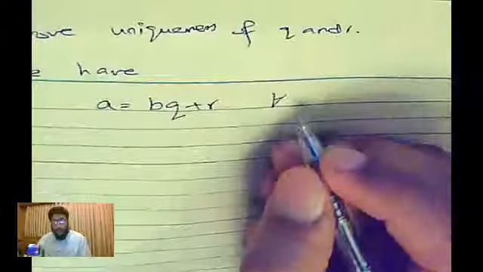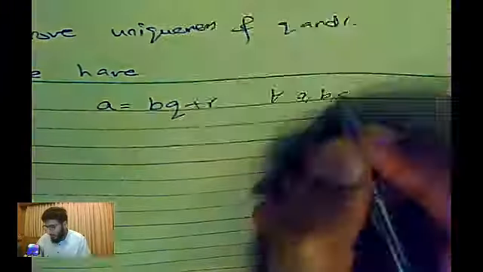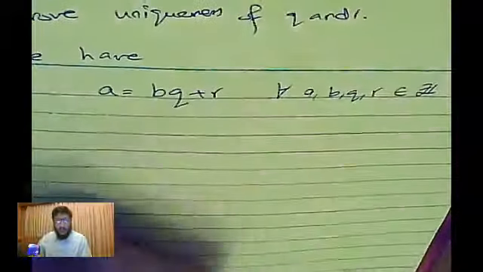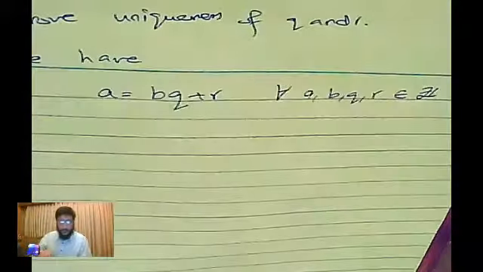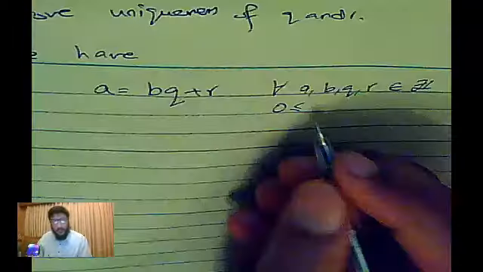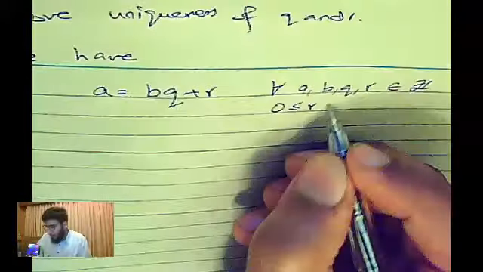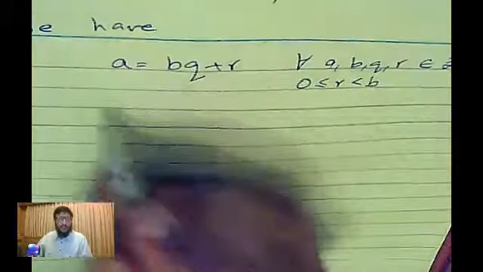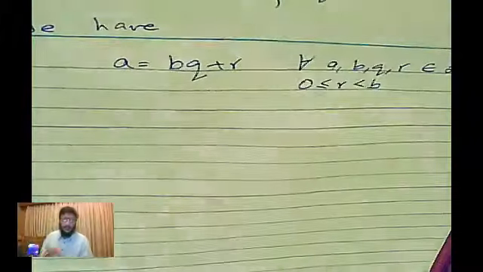So for all A, B, Q, R belonging in the set of integers, and what we gathered from before, 0 is smaller or equal to R, which is smaller than B. All right. So this is what we have right now.